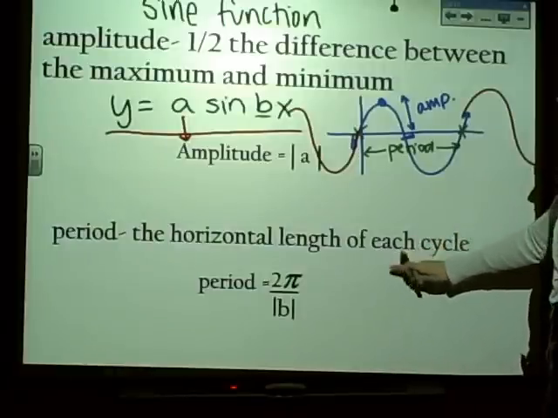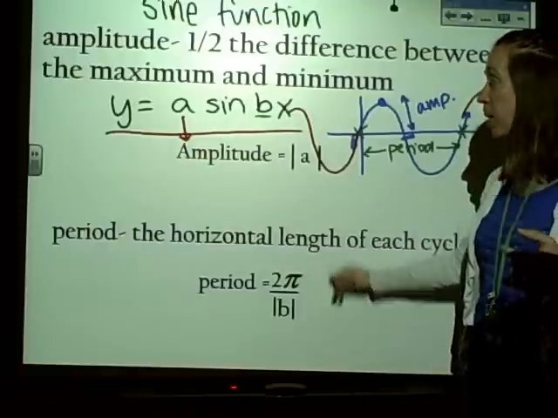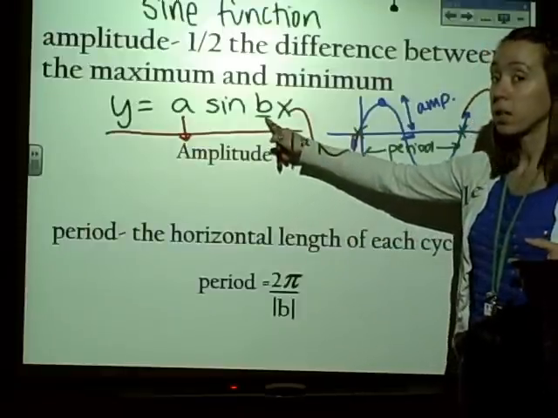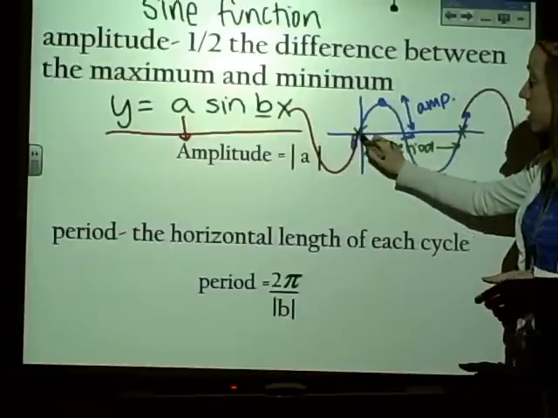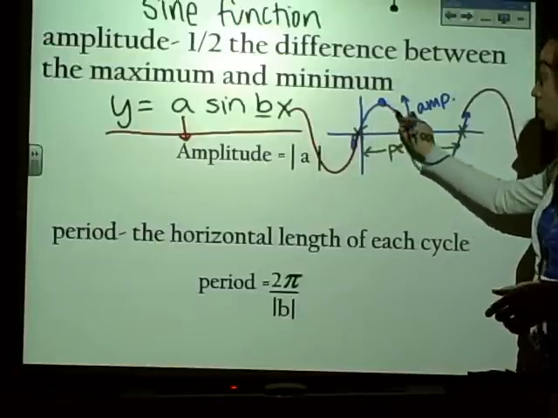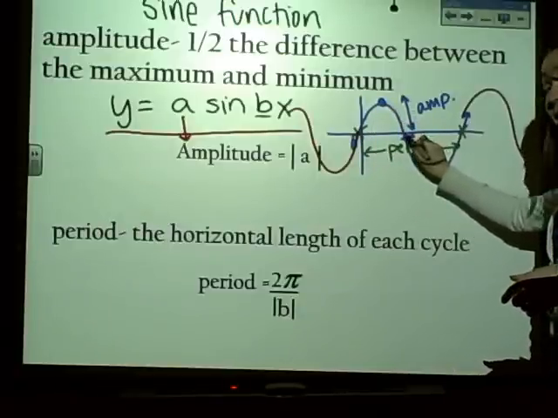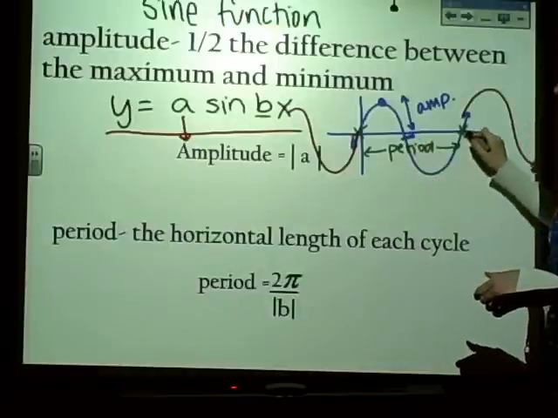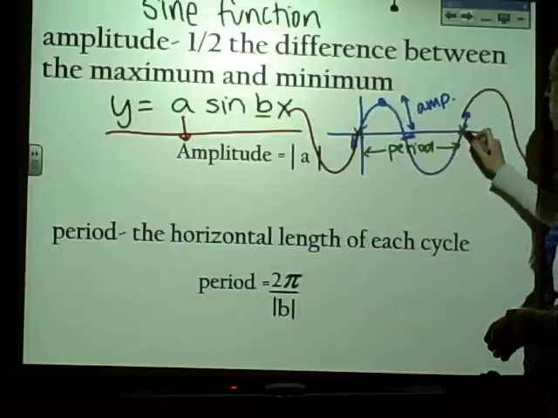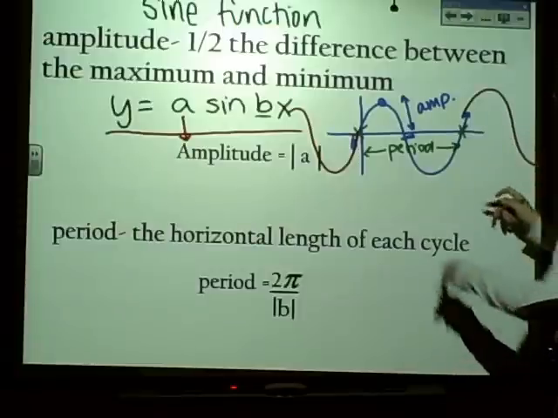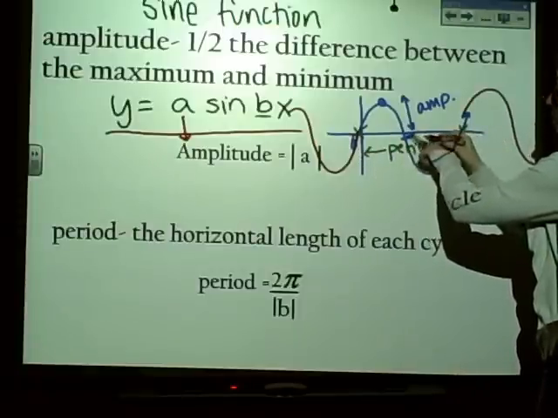And the way we find that is we take 2 pi and divide by the absolute value of that b value. So for my function, I start at the origin, I go through once, I'm going to cross the x-axis once, and I end up back at the x-axis again. That's one cycle, because now I'm going to start over and get another maximum. So this length is the period.